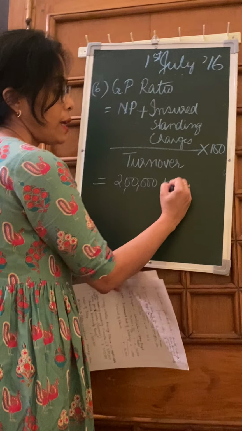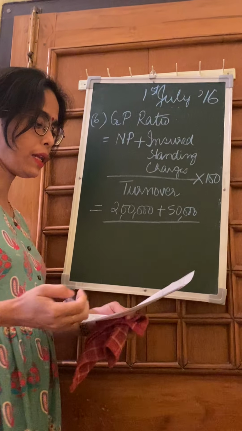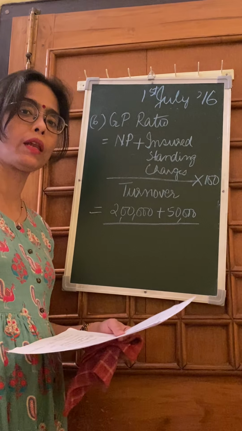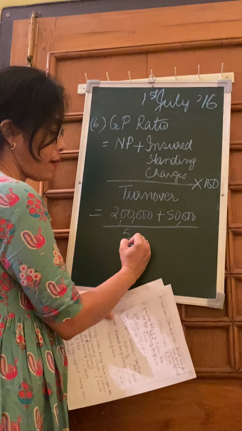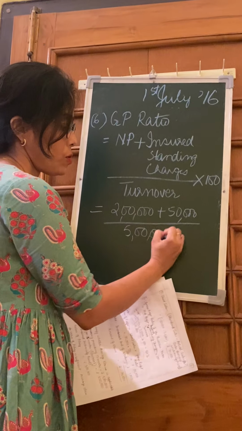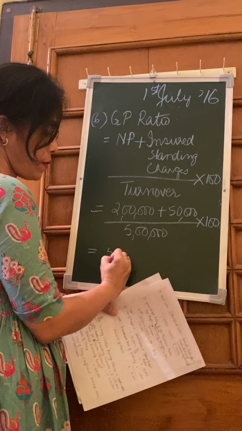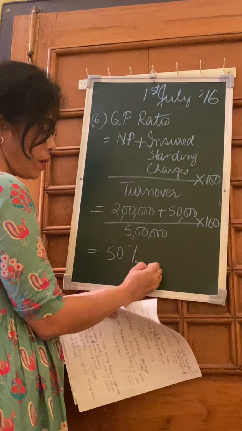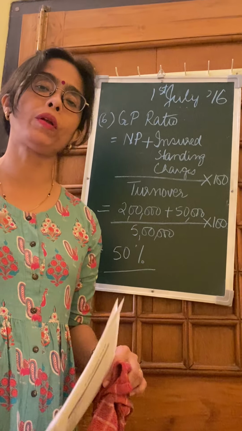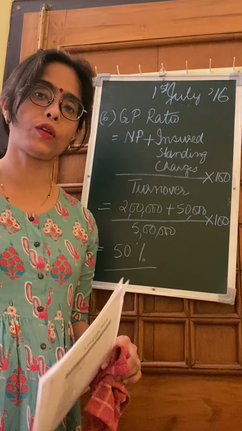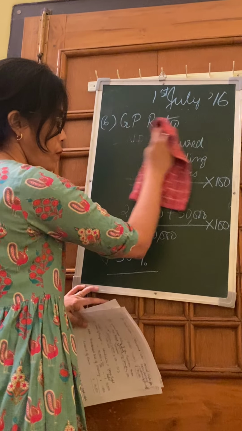Your insured standing charges, mentioned in the same point number 5, is 50,000, divided by the sale which is given in point number 6 in the question, which was 5 lakhs. So this into 100, it is 50%. What is your rate of gross profit? It is 50%. Had you been in the normal case of business, you would have earned 50% of your sales as your profits, the gross profit ratio.